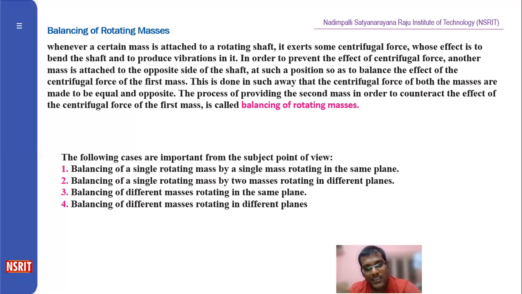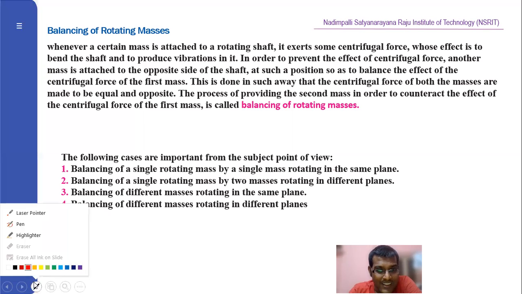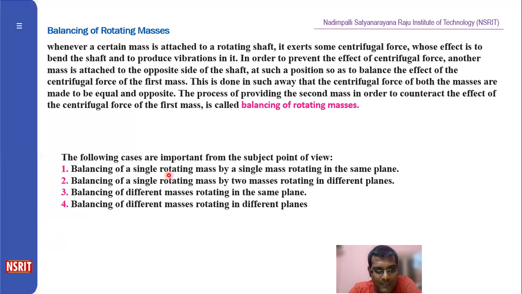Here we have different types. Those are: first, balancing of a single rotating mass by a single mass rotating in the same plane.